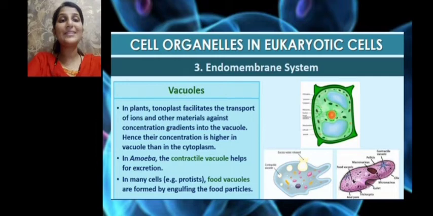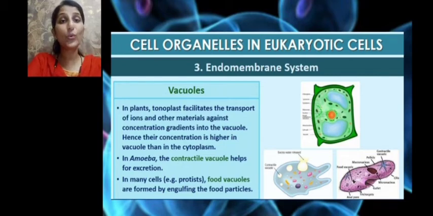And in plants, the tonoplast, the membrane surrounding the vacuole, facilitates the transport of ions and other materials against a concentration gradient, that is from a lower concentration to a higher concentration into the vacuole. Hence the concentration of these ions and other materials is higher in the vacuole than in the cytoplasm, because the transport of substances into the vacuole is against a concentration gradient.